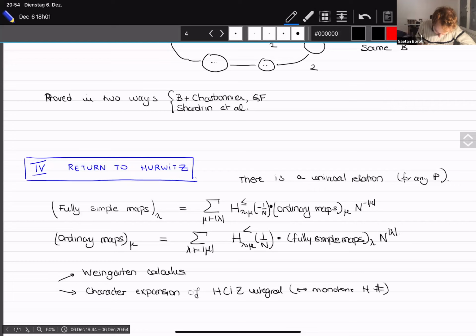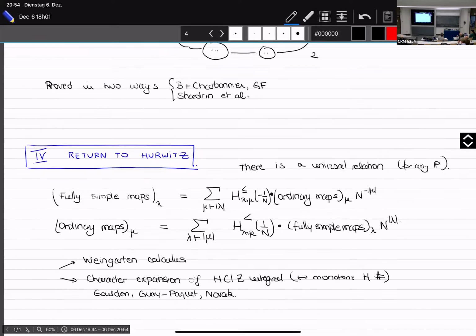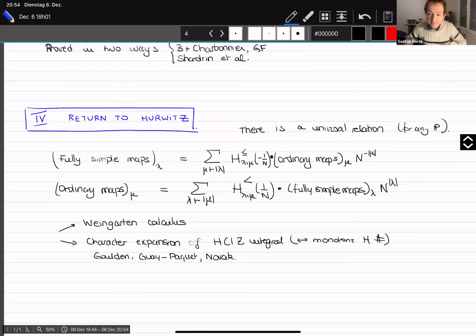That's from the work of Guionnet, Novak, and others. Gaetan: The HCIZ integral is for weakly monotone. Is there also a matrix integral for the strongly monotone?